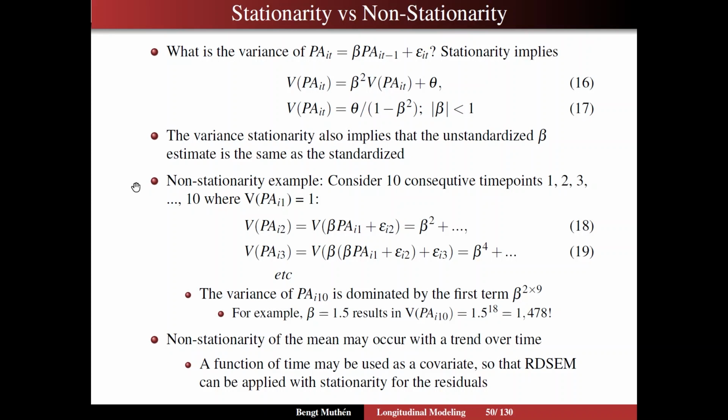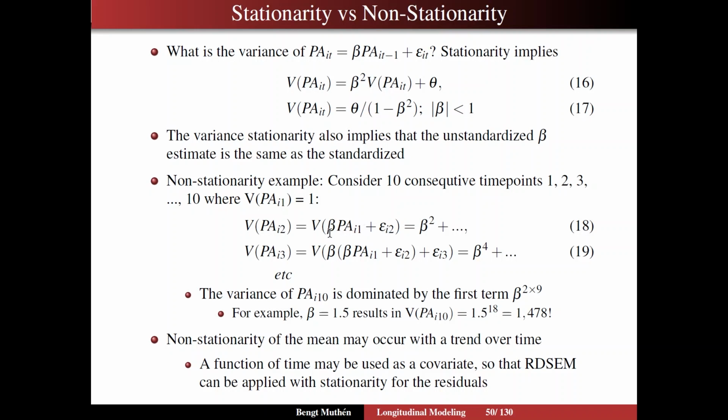So let's consider 10 consecutive time points, and let's say that the first time point has variance 1. We're going to see how the variance develops over time when we don't have stationarity. So the variance at the second time point, by this formula here, is beta times PA 1 time point earlier plus epsilon at time point 2.